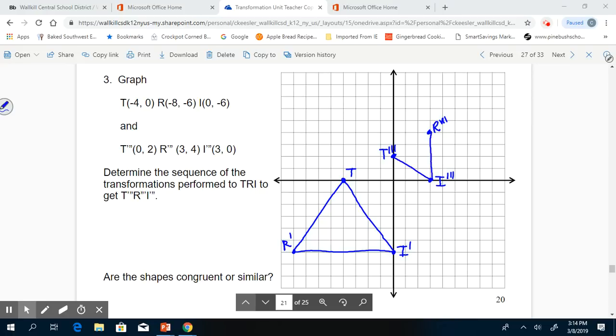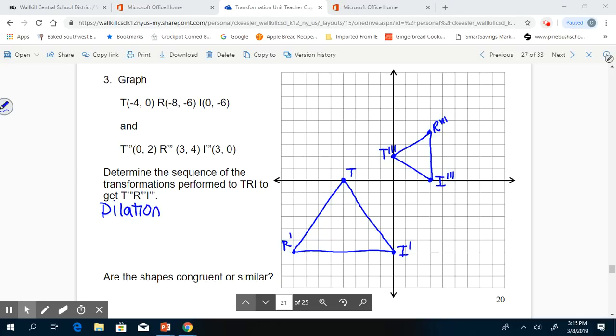So right away, you should be noticing that my triangle is no longer congruent. It's definitely smaller, which gives us the hint that a dilation has occurred. So I would always start with the dilation when you have a dilation.